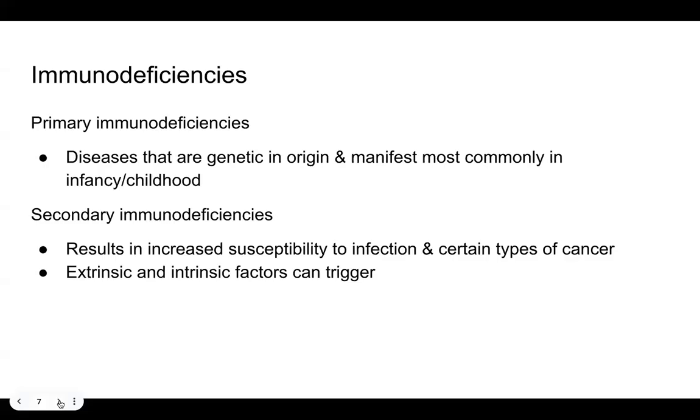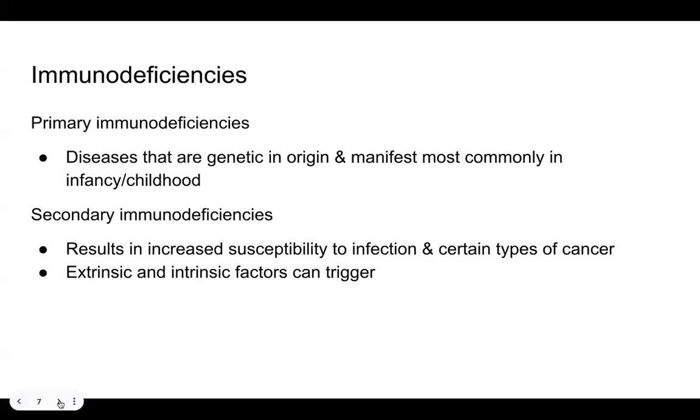Moving on to immunodeficiencies. These are diseases that are genetic in origin and manifest most commonly in infancy and childhood. Those are what we call primary immunodeficiencies. So, the important difference to remember is that primary usually is genetic in nature and manifests most commonly in infancy, childhood.